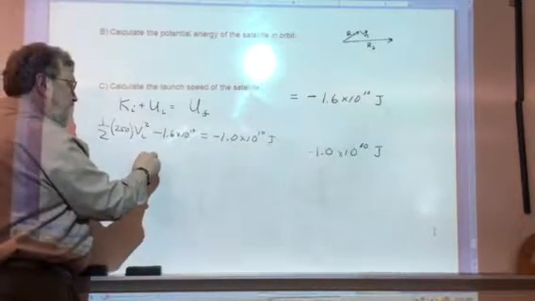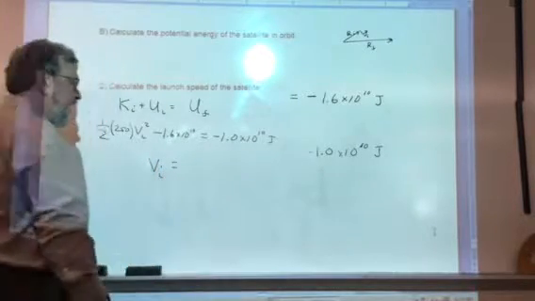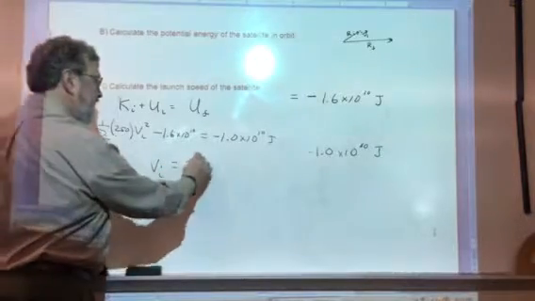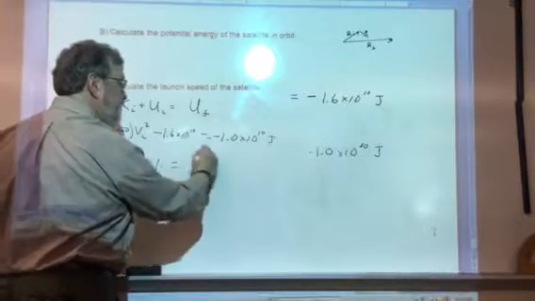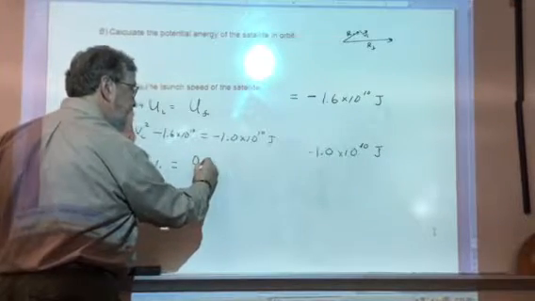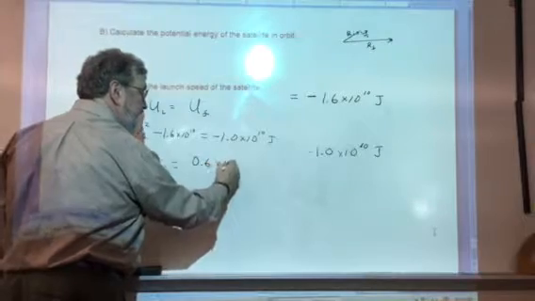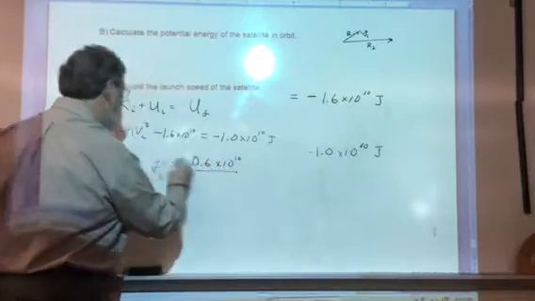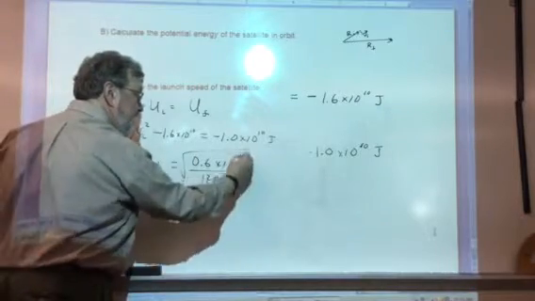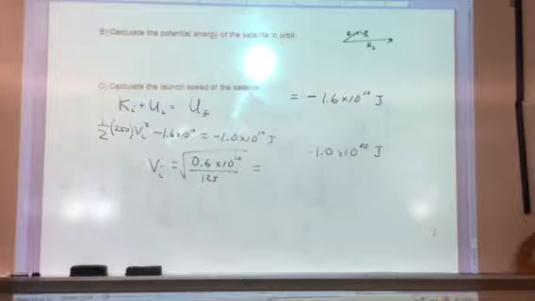That's the only difference. So if you do that, you don't really have to write steps individually here, but I'll write them like this. If I add this to the other side, it's going to be 1 minus 1.6, which is 0.6 times 10 to the 10th, and you divide by 125, and then take the square root, and that would give you a velocity.